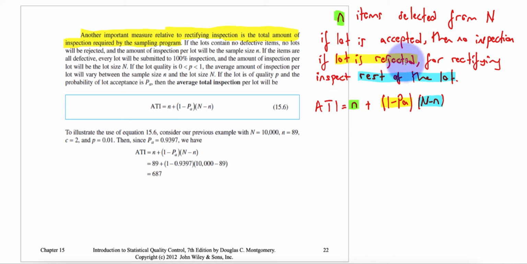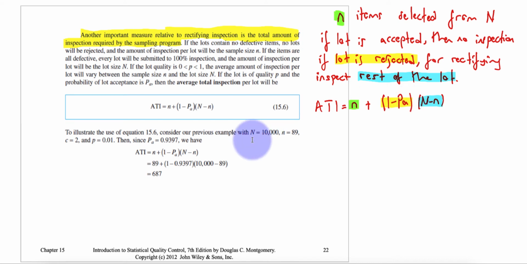But if the lot is rejected, and we have facilitated a rectifying program on the rejected lots, this will be the average number of inspected units in the rejected lots. Why? Because we have already taken the sample from the lot, and this will be the rest of the lot, and we will inspect all of them if the lot is rejected. And this is the rejection probability. We are talking about the average, so we need to multiply this amount with the probability of rejection of the lots, all right?